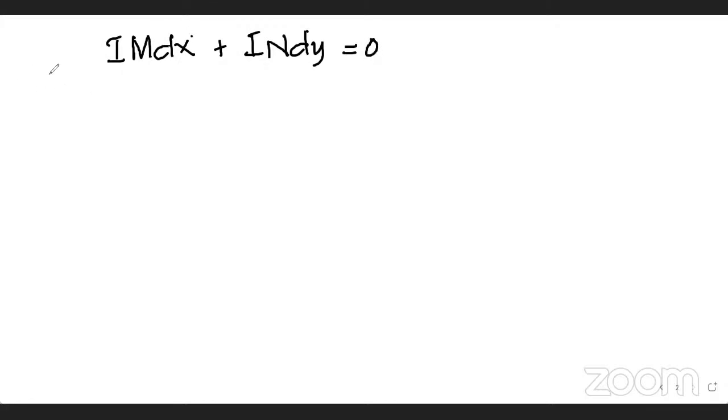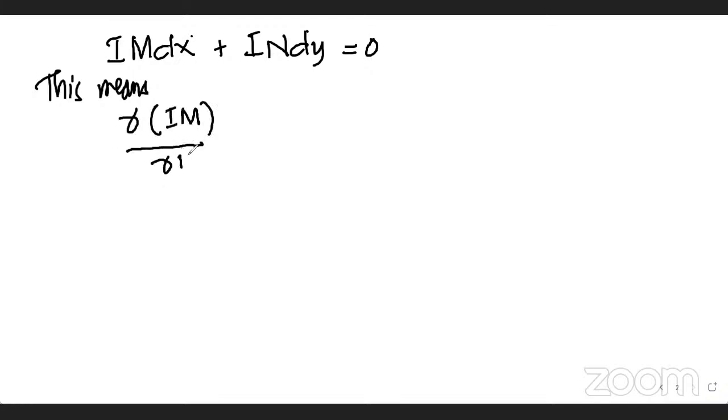So this means that yung partial derivative of I times M with respect to y is equal dun sa partial derivative ng I times N with respect to x.